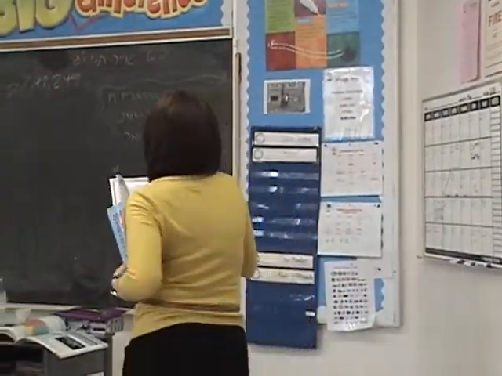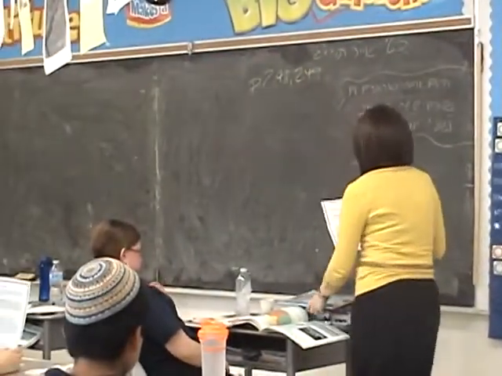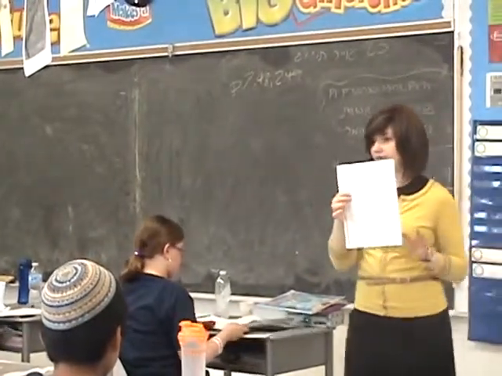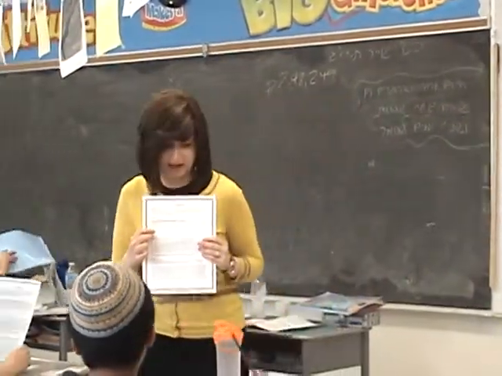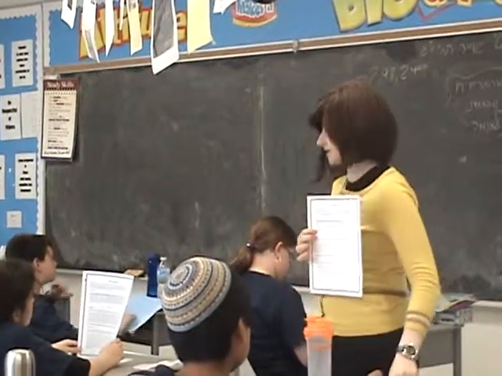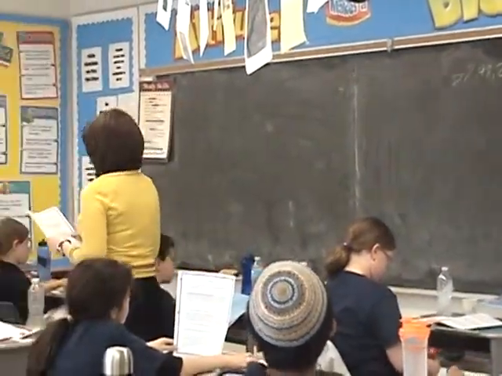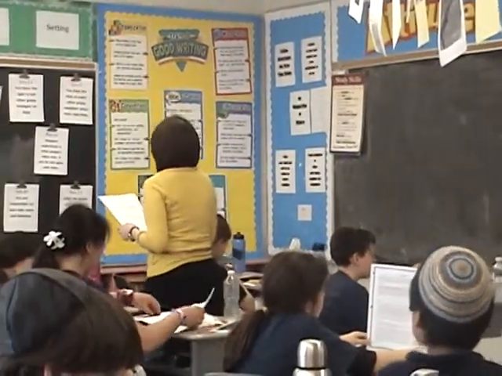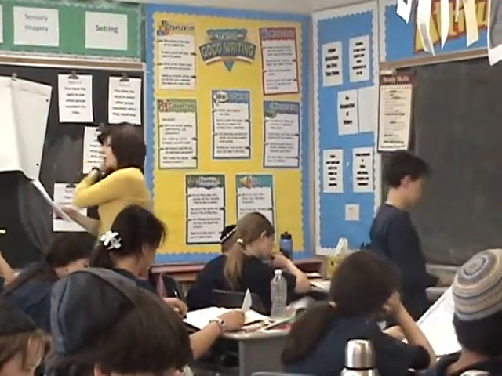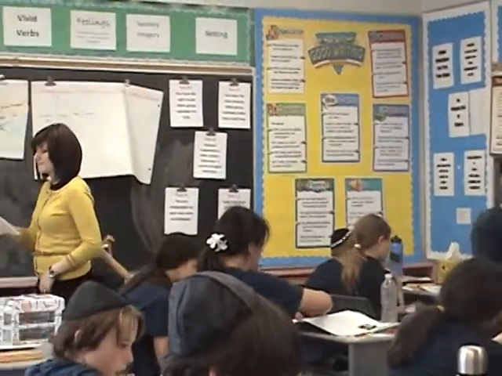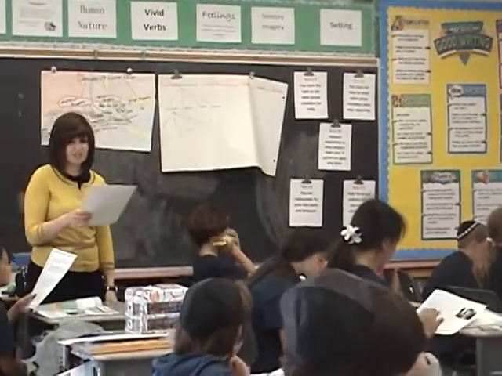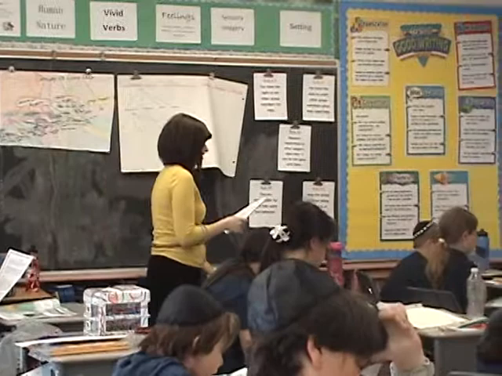So here's the task. Look where it says your task on your worksheet. Using the information found in our textbook on pages 40 to 49, you and your partners are going to create 4 different mini projects, one for each region of the United States.